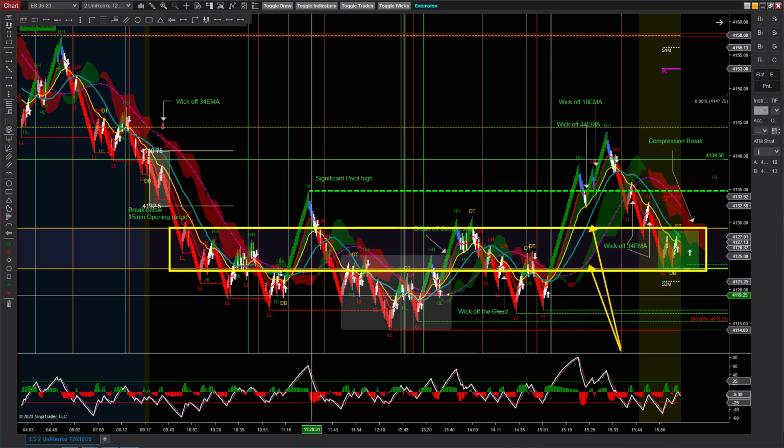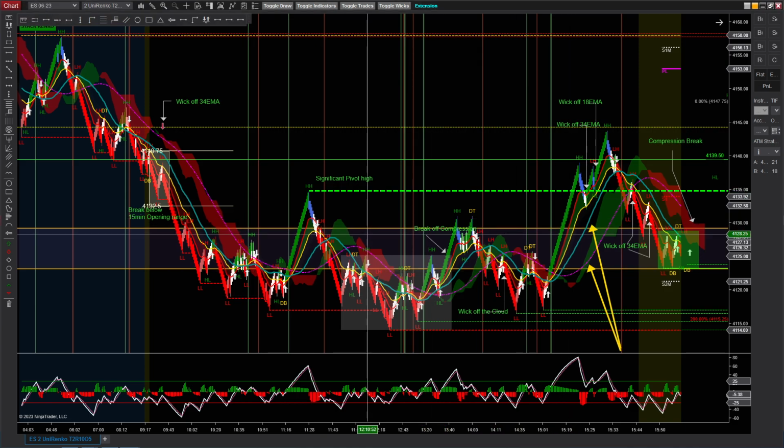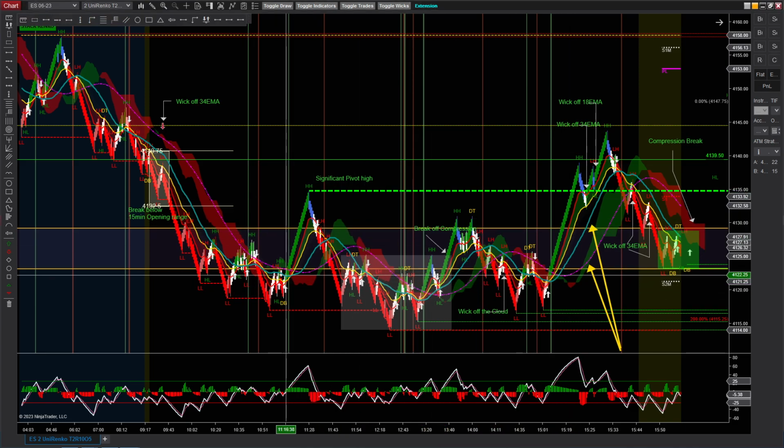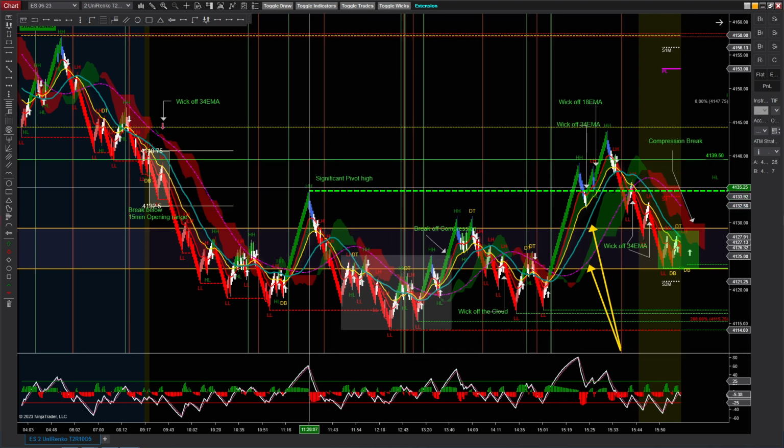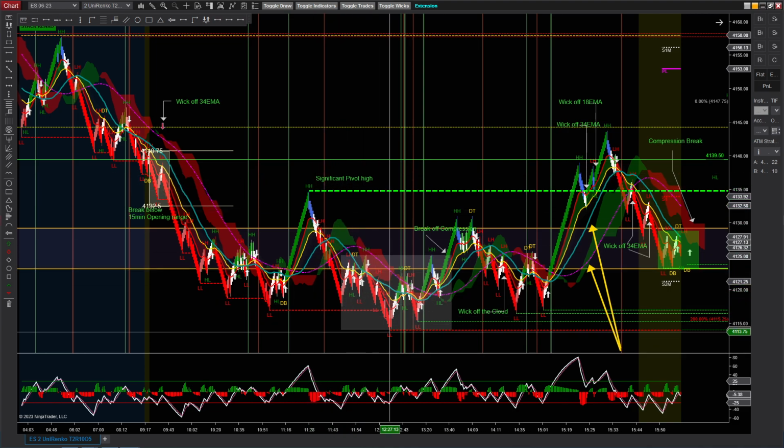You see that in this area there are overshoots to the downside, and also a couple of them to the upside. There was a larger move right here where I put a significant pivot high, and then it came back down and gave this pivot low right there.